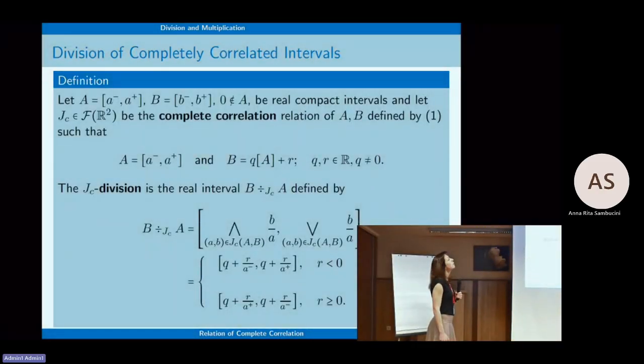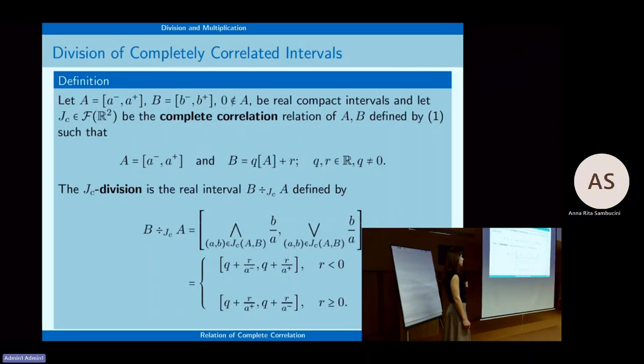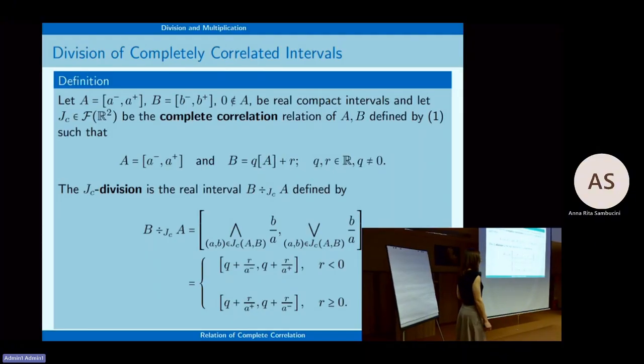Okay, so we assume that we have two intervals A and B, which are completely correlated. So it means that there exist two parameters Q and R such that these intervals can be derived from each other by these two parameters and by the border elements of the interval.